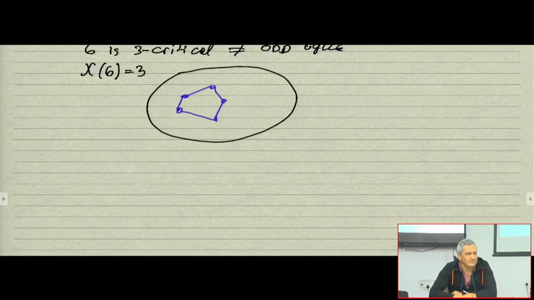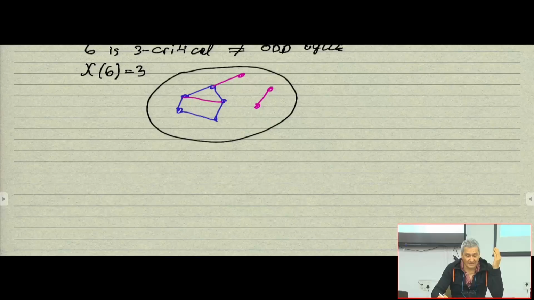Now, if we have some edge somewhere else, we can remove it, and the chromatic number will not go down, because we have the odd cycle inside. So we don't have any other edges of this kind. We have only these blue edges.